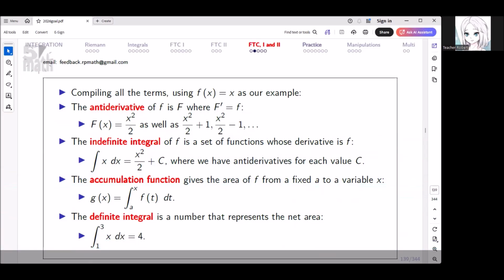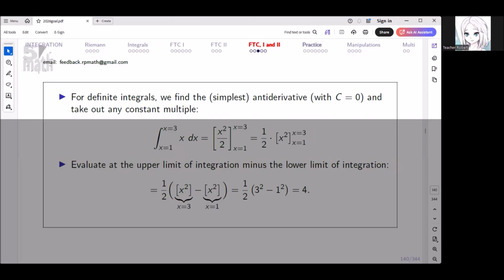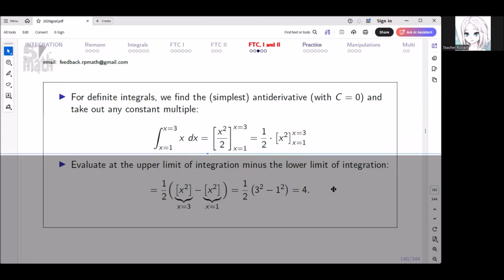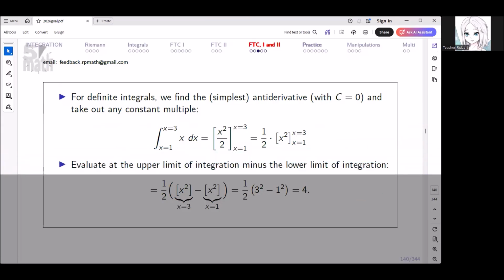The integral from 1 to 3 of x dx equals 4. For definite integrals, we find the simplest antiderivative with c equals 0 and take out any constant multiple. Evaluate at the upper limit of integration minus the lower limit of integration.